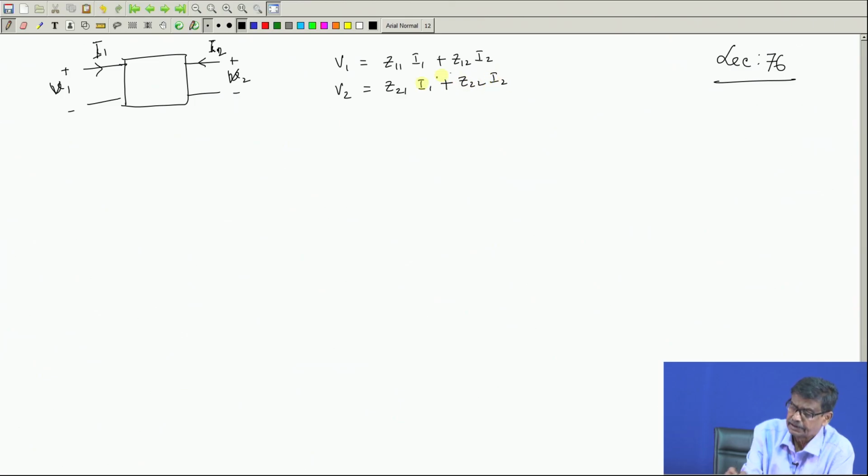We have seen that if this two port network is reciprocal, Z12 should be equal to Z21, which we established earlier for reciprocity.